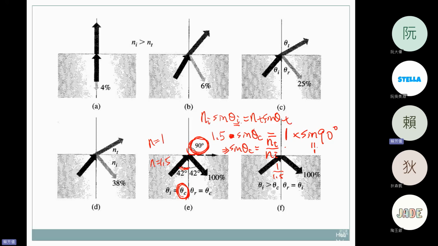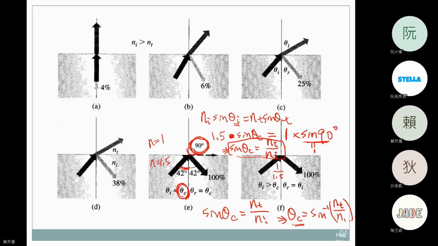Then theta c equals arcsine of that, and we can calculate the critical angle. Any problem?